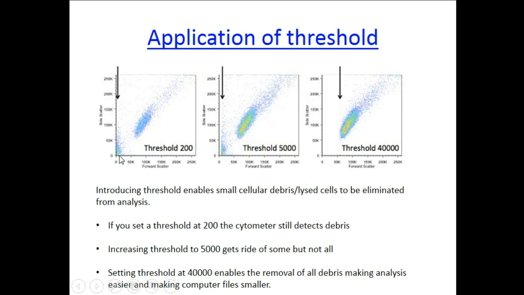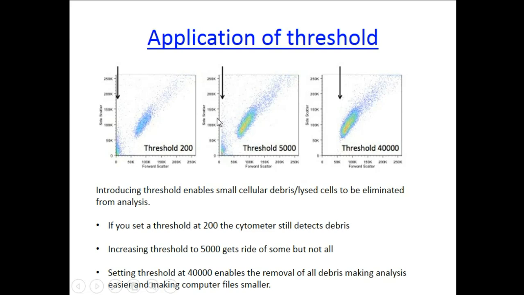What the user deduces from that is it's most likely to be debris, because they're very small in size and there's very little complexity about them. So the user sets a threshold of 200, and says anything below this we're not going to measure.